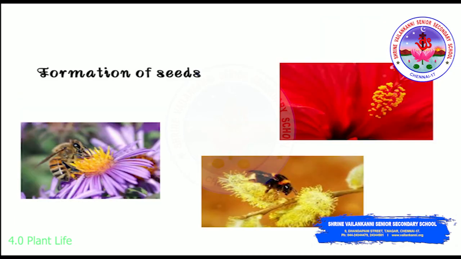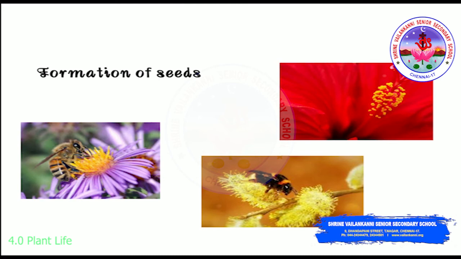And next, do you know how a seed is formed? In this picture I have given three flowers. On every flower there is a yellow powdery substance, that is called pollen. This pollen is carried from one flower to another flower by insects, birds, wind or water.